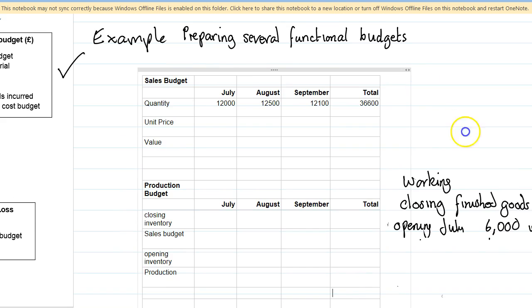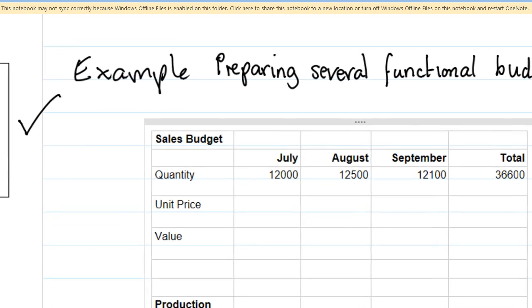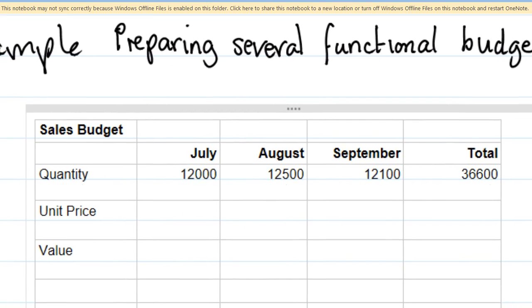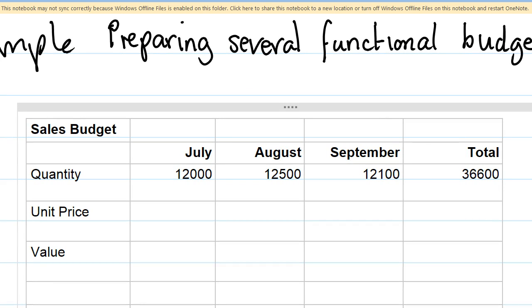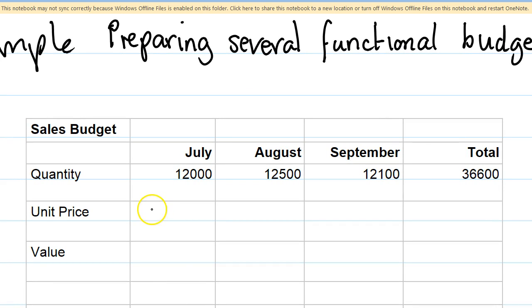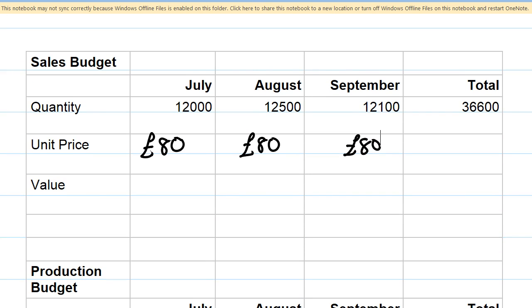So we're going to start with sales. With our sales figures, we've got our unit price of £80 per unit. We can then use that to work out the value of sales each month. July, £960,000. August, £1 million.